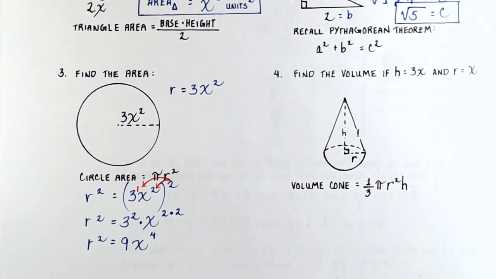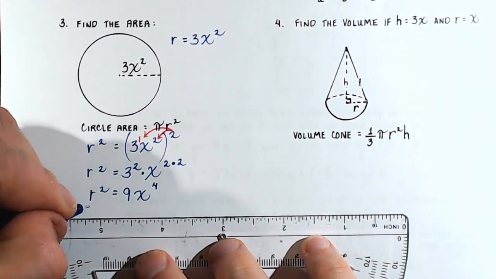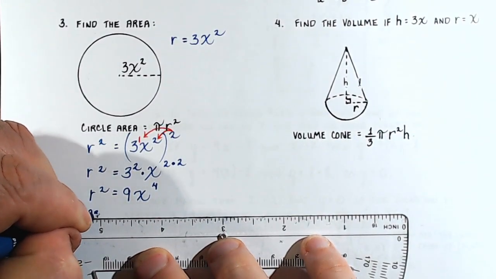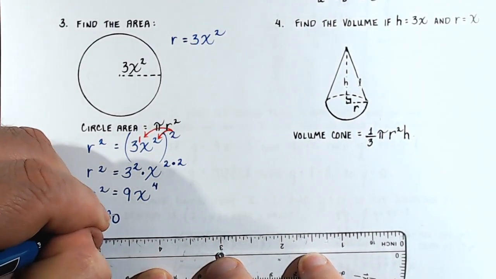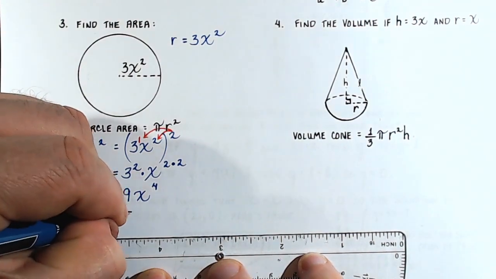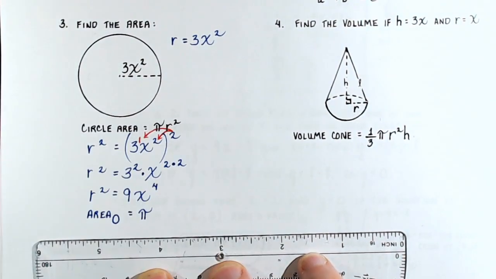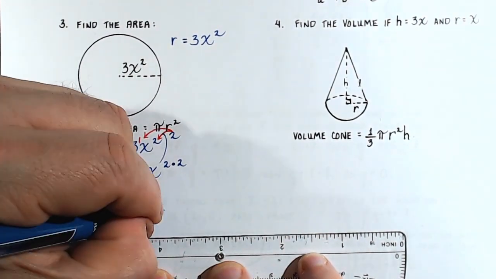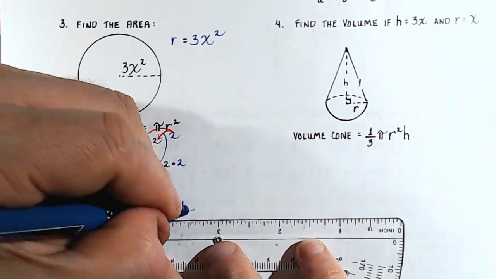Okay? So we now know what r squared is. And the area of the circle is pi r squared. So we can say that the area of this circle is equal to pi times 9x to the 4th units squared.